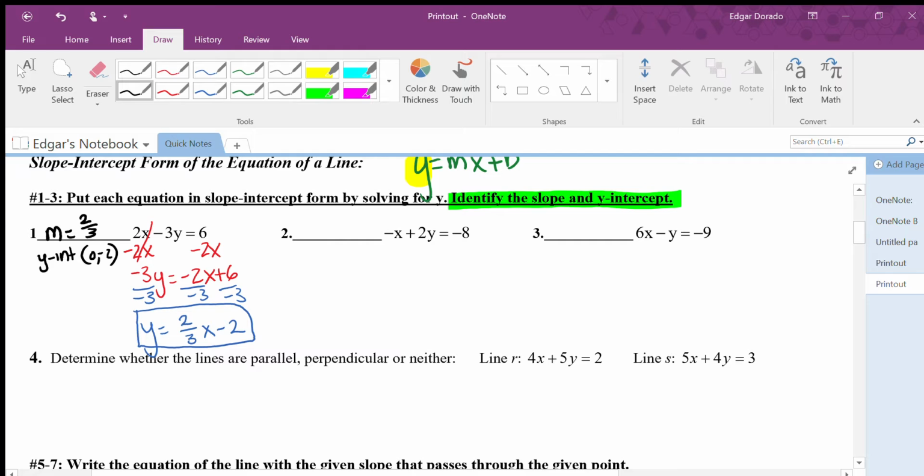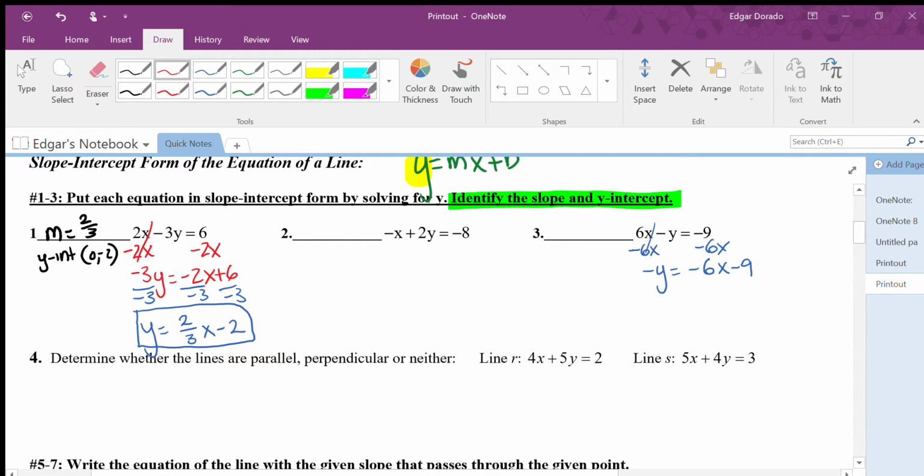Alright, I'm going to skip number 2 and look at number 3. On number 3, again, we want to get this in slope-intercept form, so I'm going to subtract the 6x because I want the y by itself. We get negative y equals negative 6x minus 9. And then notice we have a negative here, guys. We've got to get rid of that.